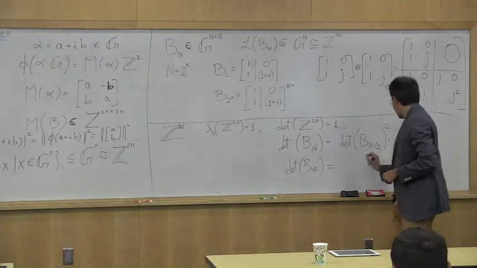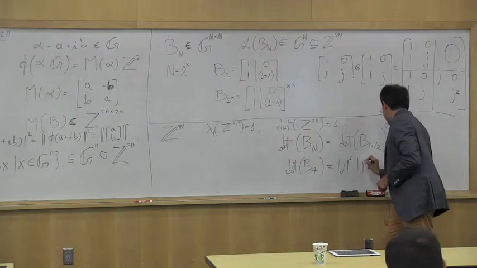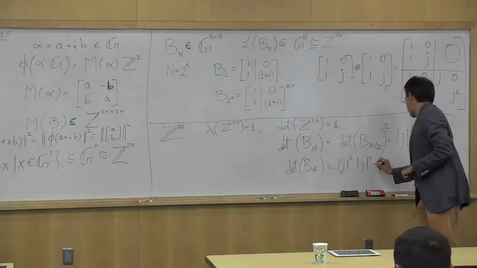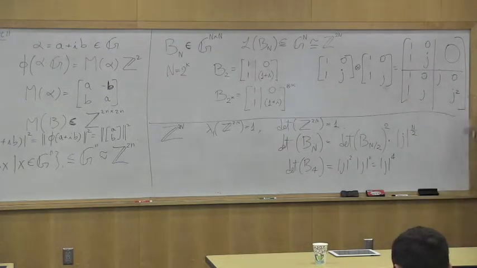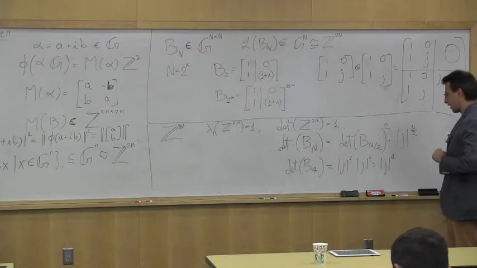So we get J square times J to the 4 over 2 square, J to the power 4, which is the correct value. So by induction, we got it right. This is the inductive formula to compute the determinant, and it is right.